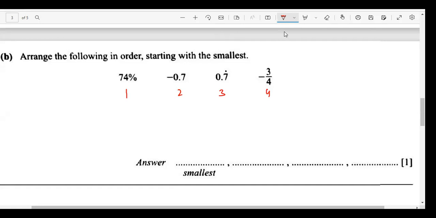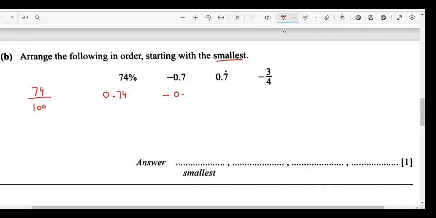Okay, 3 answers are correct, 2 answers are wrong. Let's discuss this. I need to write down understandable forms. Okay, 74% means 74 divided by 100, so I can write it as 0.74.